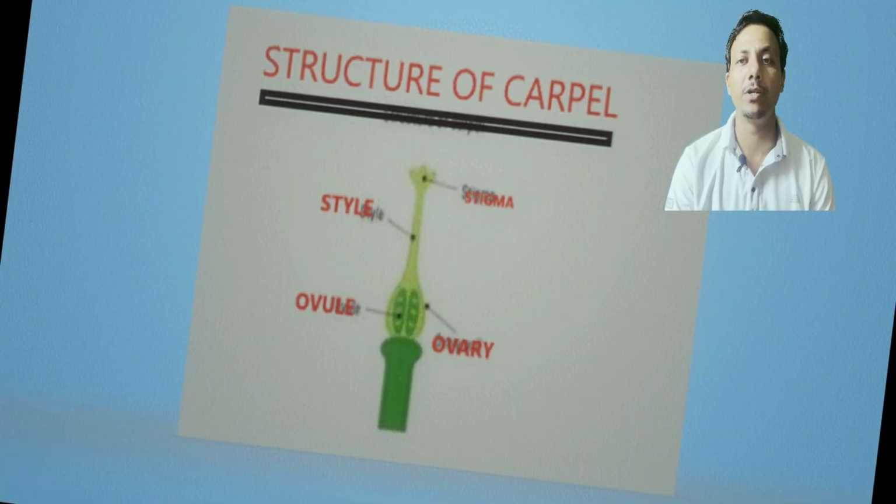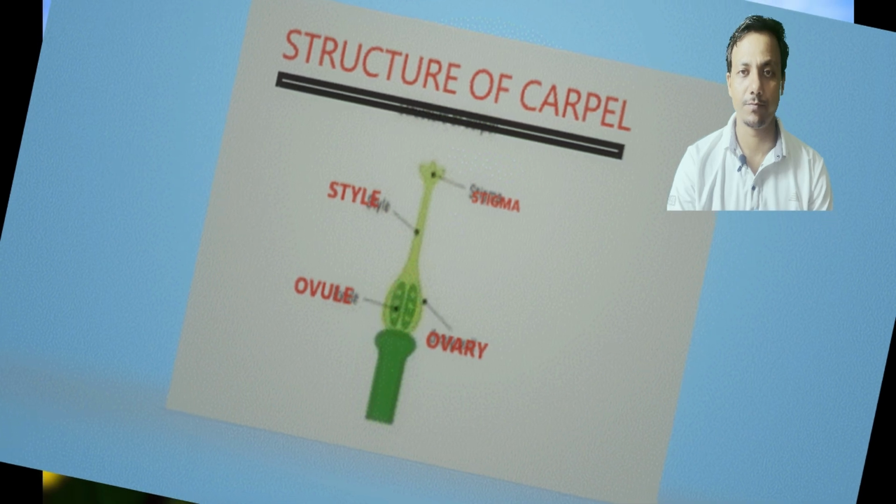Gynoecium, the female reproductive part. The innermost whorl is Gynoecium, made of 1 or more carpels. Each carpel has 3 parts: ovary, the swollen basal part which contains 1 or more ovules, and after fertilization the ovary develops into fruits.